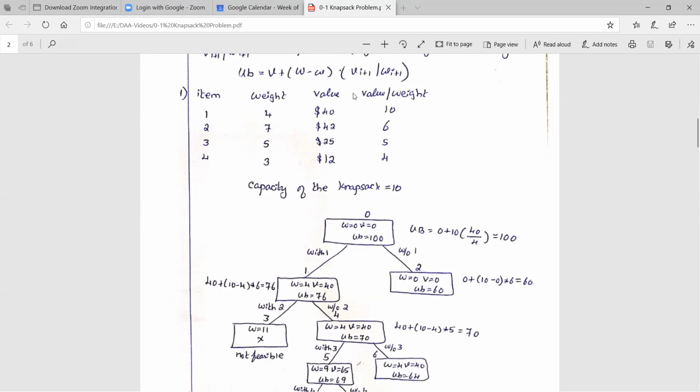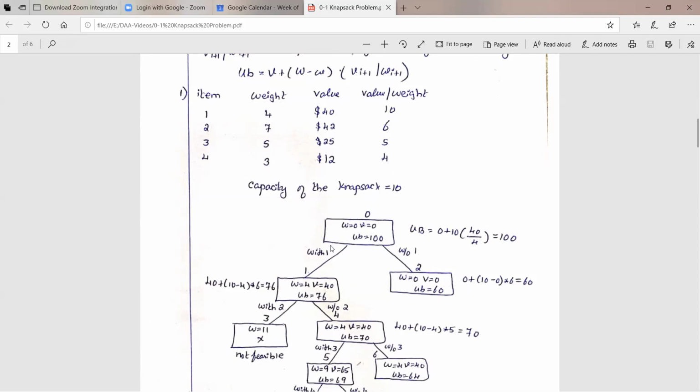This value will be changing, vi plus 1 divided by wi plus 1. So b is equal to 0 plus w, the capacity of the knapsack, 10, minus the weight of the object, which is 0, into vi plus 1 divided by wi plus 1, where we are having the value 6 here. So we are taking the 6 here, and the value will be 60.